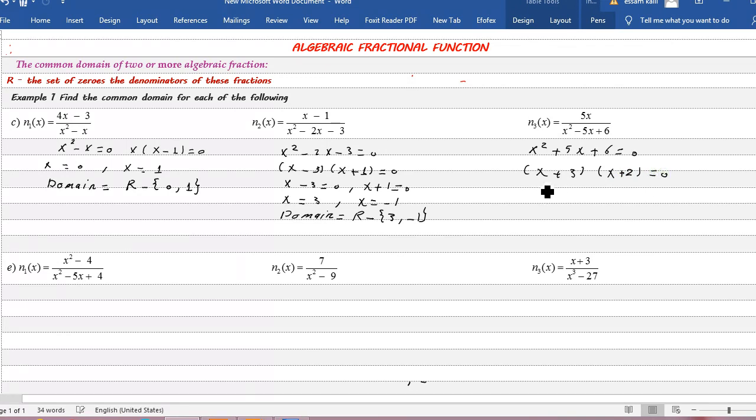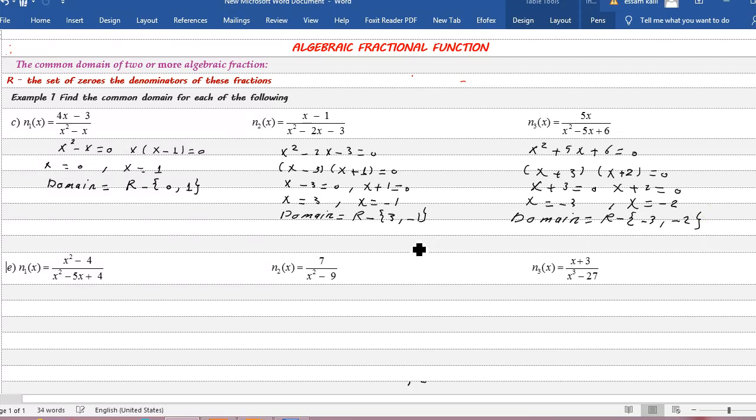If the product of two brackets equal 0, then the first equals 0 and the second equals 0. Then x equals, move 3 to the other side, negative 3, and move 2 to the other side, negative 2. So the domain equals r difference negative 3 and negative 2.